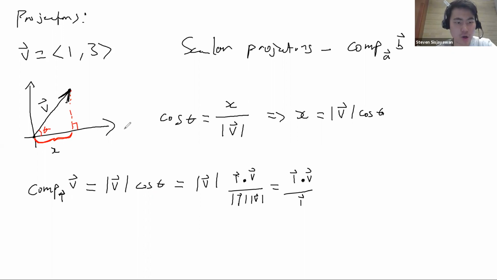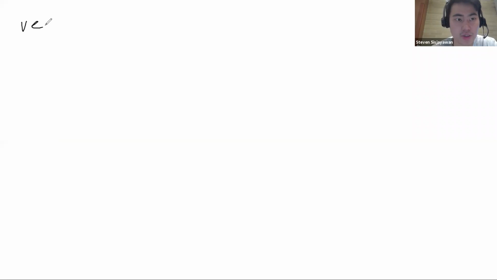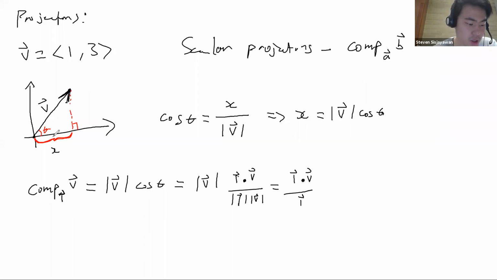The other idea is vector projections. Vector projection is sort of similar, but it also takes into account the direction.